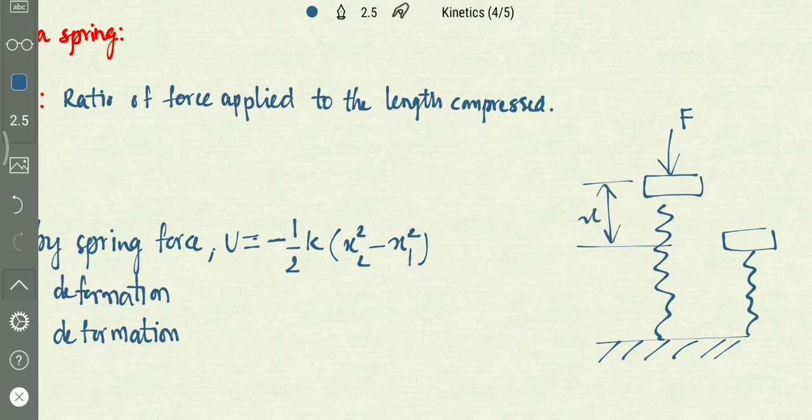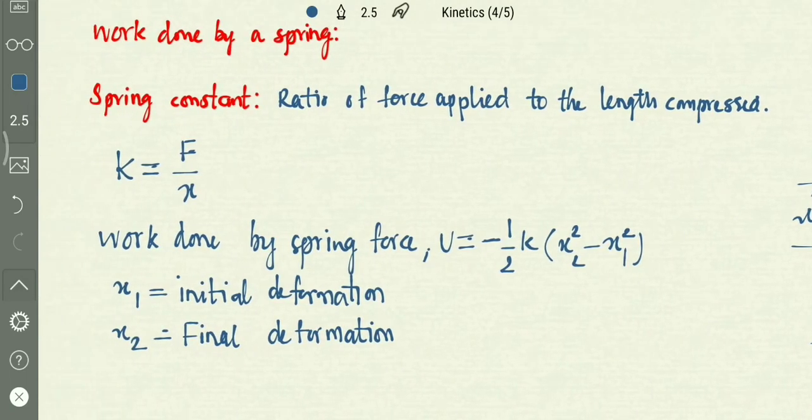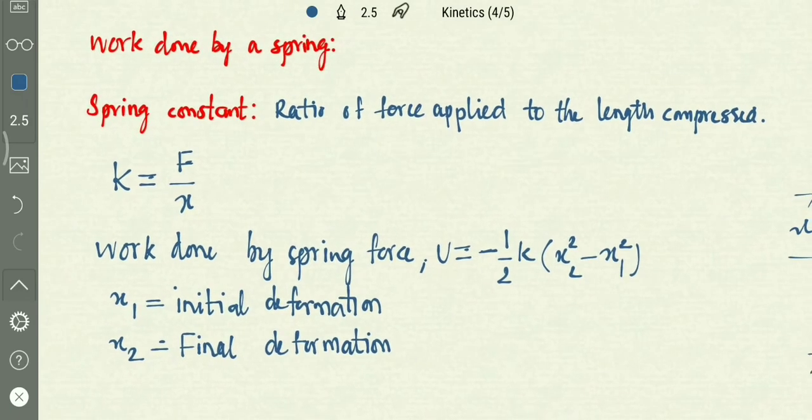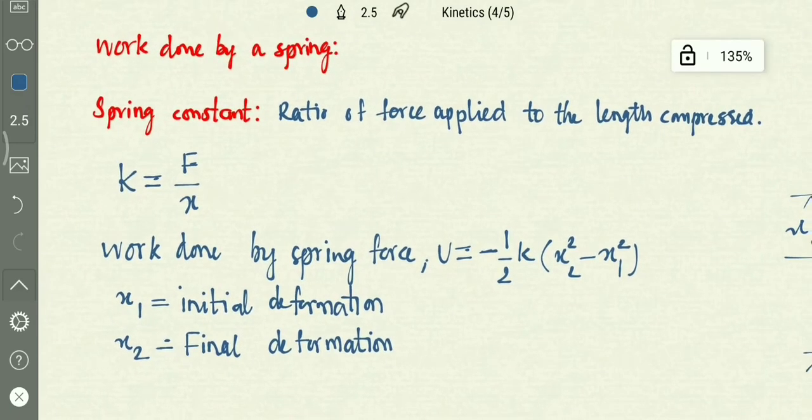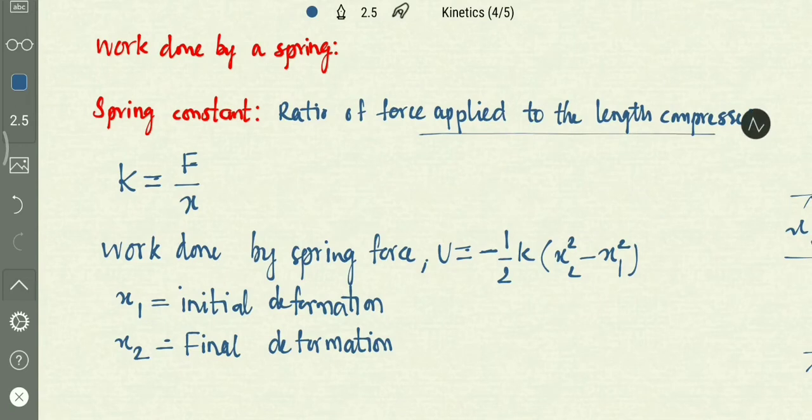So the ratio of force and this distance gives the spring constant, and this spring constant is constant for a particular type of spring. So ratio of force applied to the length compressed is called spring constant, and the spring constant is represented with K. K is equal to F by x.